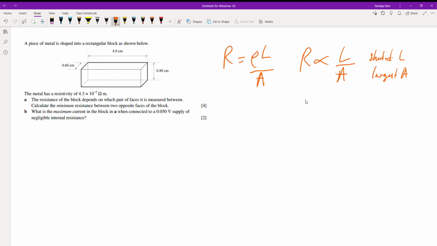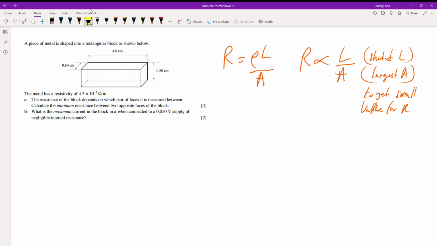So that's why this question is 4 marks, because we have to think about initially what lengths and areas we're going to use to get a small value for R. So looking at the dimensions, what do we need to see?